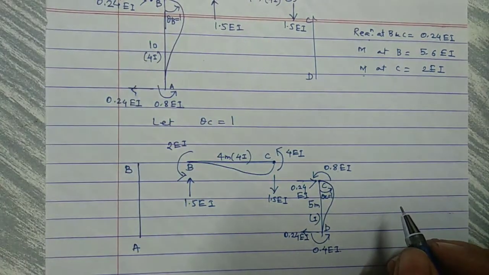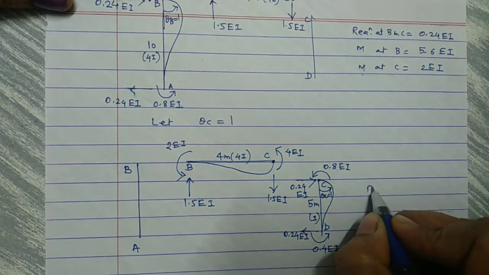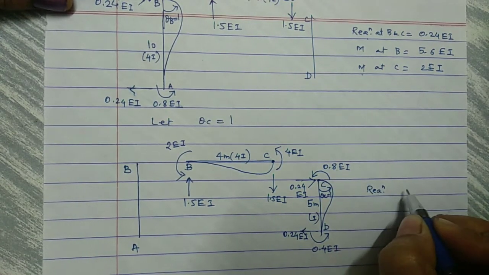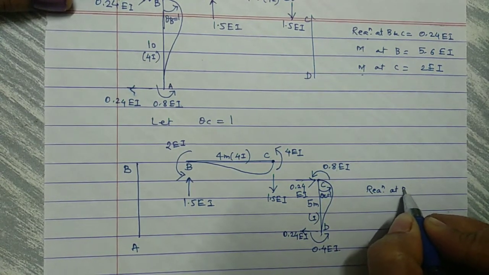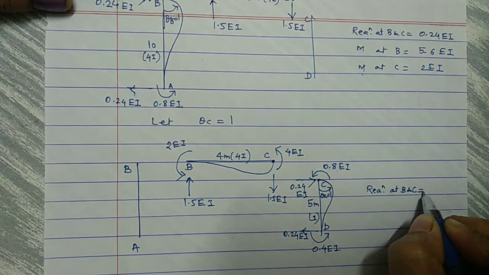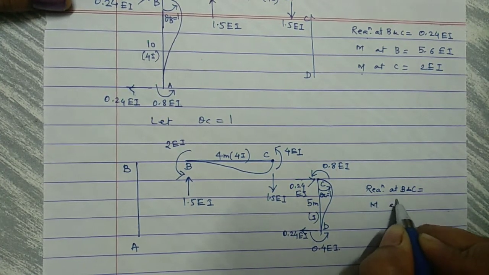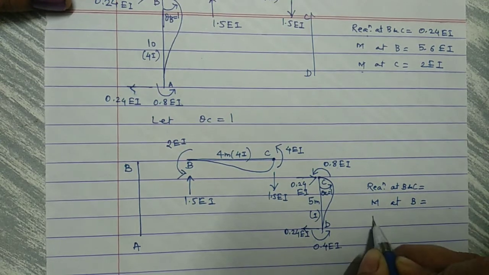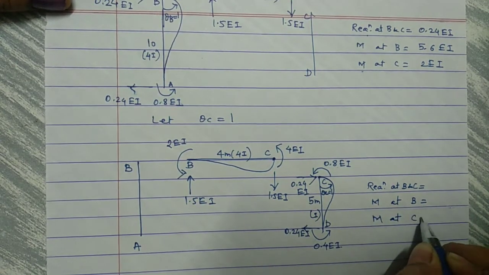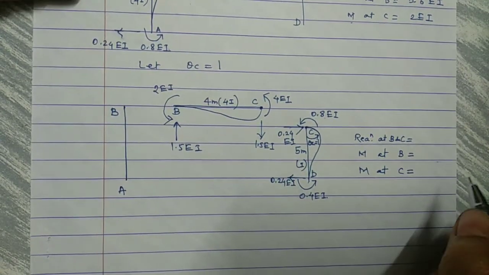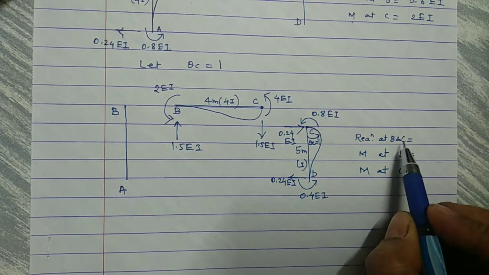Now, when theta C is equal to 1, what is the action corresponding to delta B, that is the reaction at B and C, write down. Second, the action corresponding to theta B, moment at B, and third, the action corresponding to theta C, moment at C. So what is the reaction at B and C?